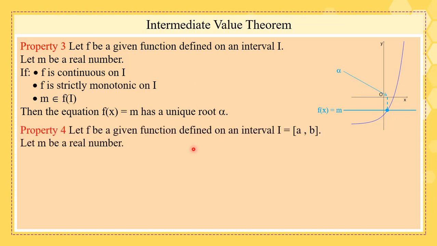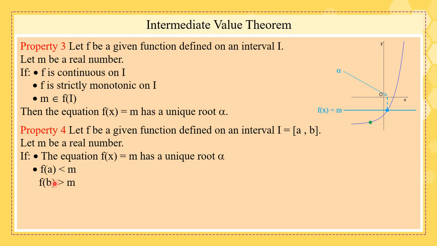Let's see property 4. Let m be a real number and f a given function defined on AB. If the equation f of x equals m has a unique root alpha, and if f of a is smaller than m and f of b is greater than m, let's see it here graphically. This is a, and this is f of a. This is b, you see, and this is f of b.